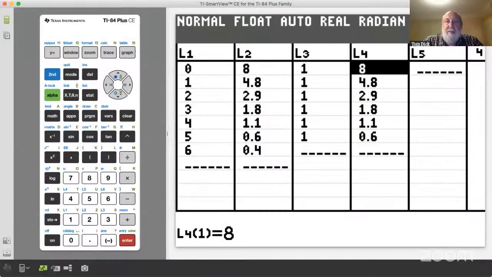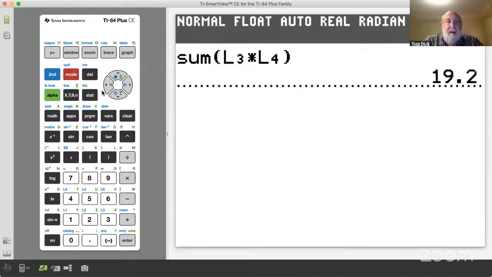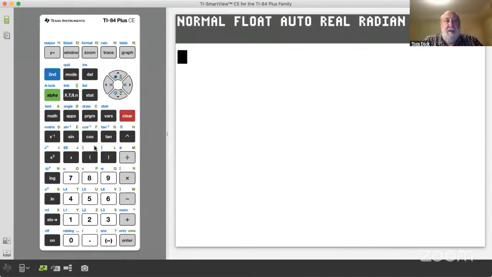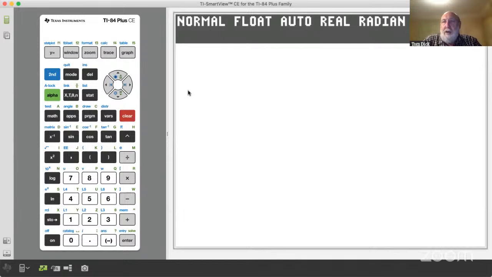So I'll bring up my 84 again and get out of the list editor there. And I just wanted to illustrate for people, and this was just a real revelation for me when I first started using graphing calculators, a chance to actually work with some reasonable partition sizes on Riemann sums.